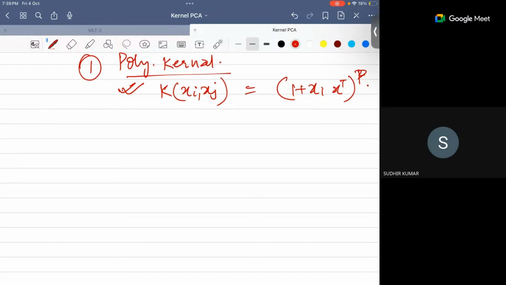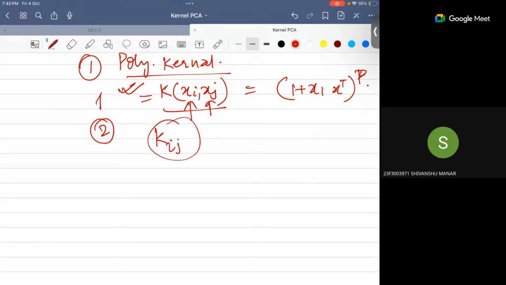And then what will you do in the second step? Calculate the value of the kernel matrix, correct? Yes, sir. Because now you have the function, you'll just put in the values of two different xi and you'll be able to calculate the whole matrix itself. Because K_ij is what, right?